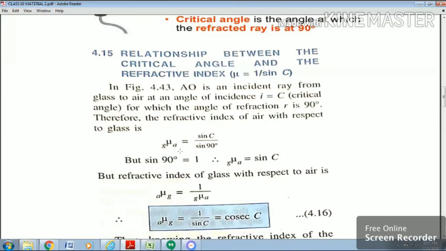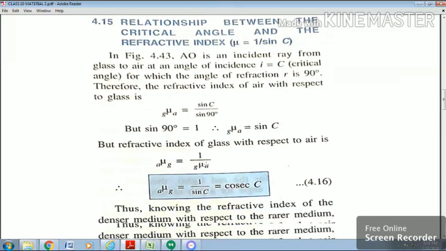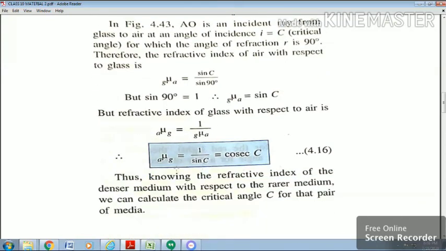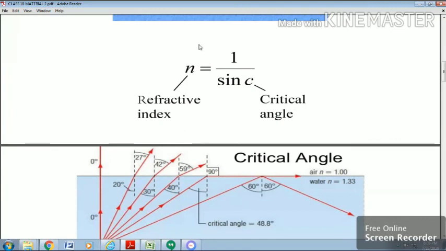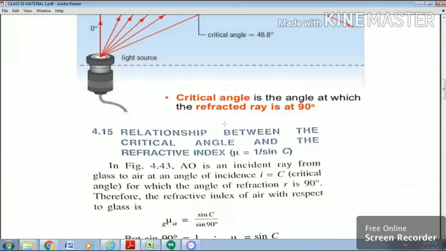So mu GA, that means air to glass, is sin C by sin 90 degree. But we know that sin 90 is equal to 1, therefore refractive index is equal to 1 by sin C, or sin C is equal to 1 by refractive index, we can also write.